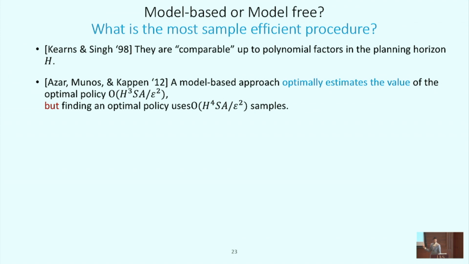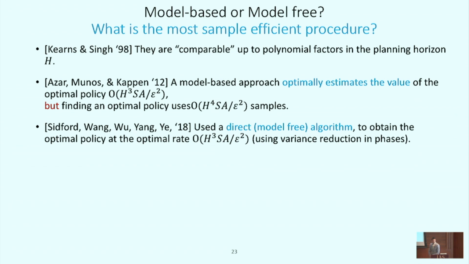Then Mengdi here and various colleagues had an extremely nice result showing a model-free approach where they didn't reutilize data. They did things in phases, throwing away data, with a very clever way to do variance reduction. That was the first method which truly got the minimax optimal rate.